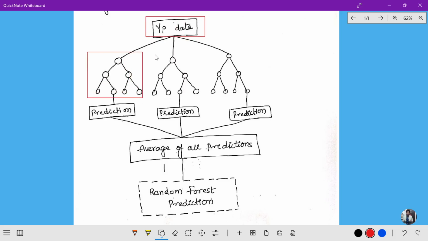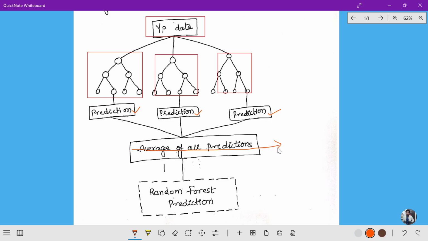This could be one decision tree, this could be another decision tree. After each tree is derived, it predicts some output. After the predictions, what is going to happen? It is going to take the average of all predictions.